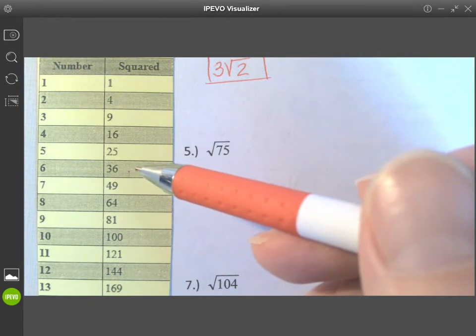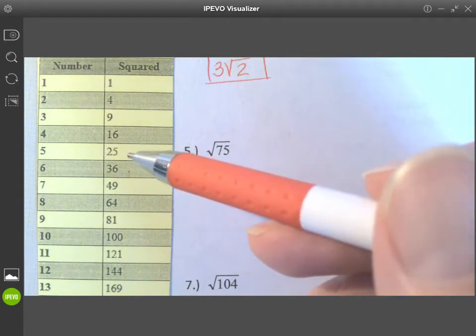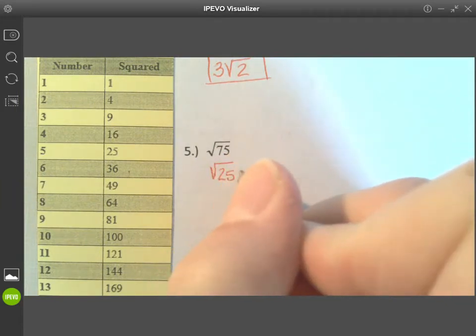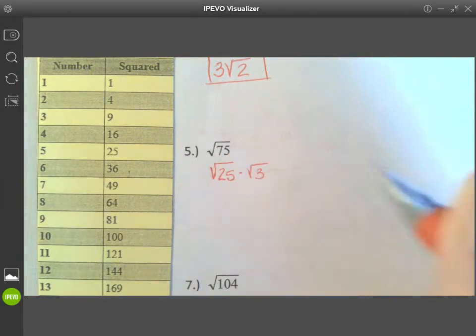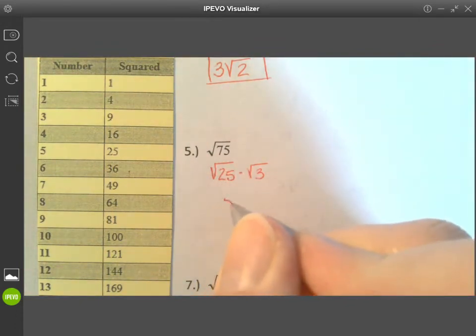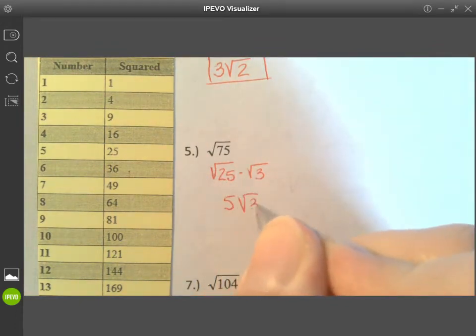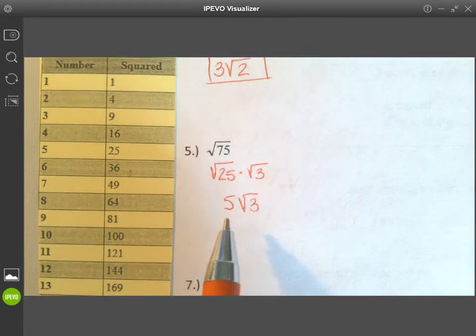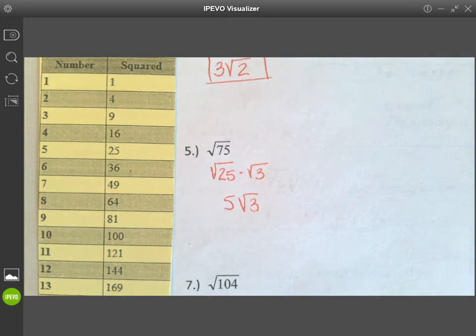So 36 isn't going to go into it. 25 does. That's my biggest perfect square. 25 times what? Times 3. What is the square root of 25? 5. Keep the square root of 3. So basically we divided this up and took out a chunk that I could take the square root of and break it out of the root sign.